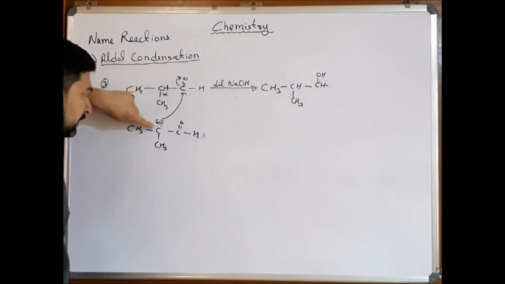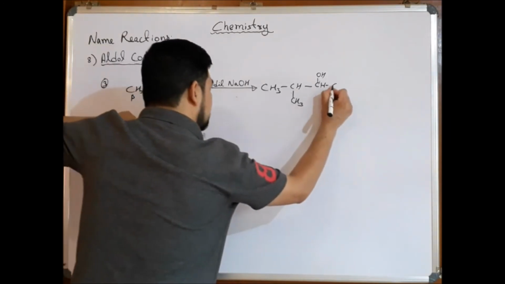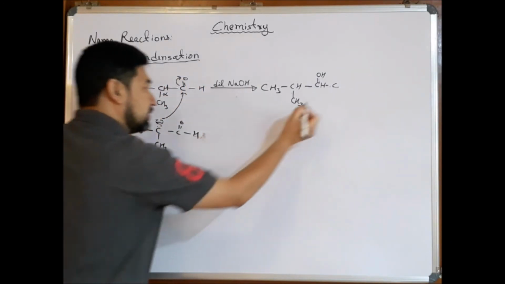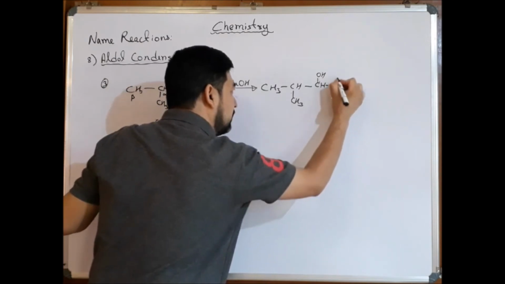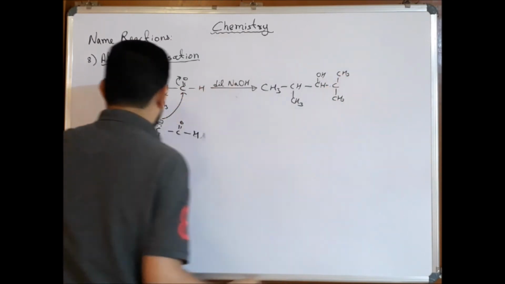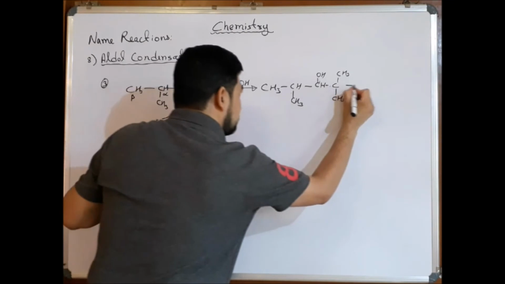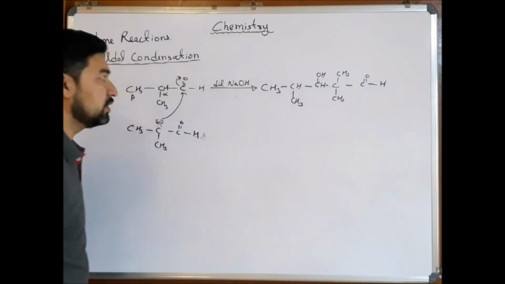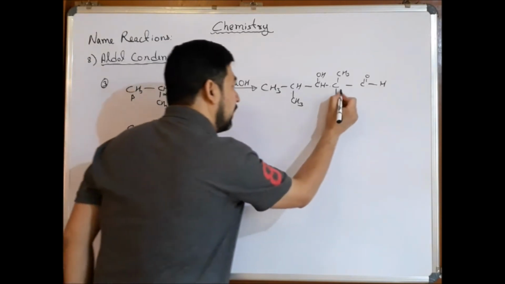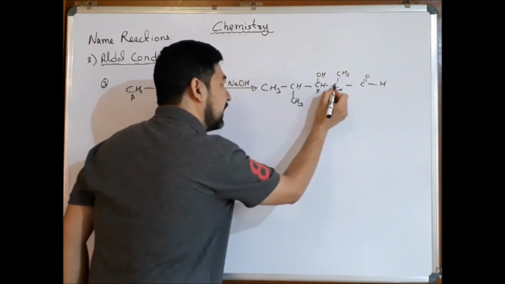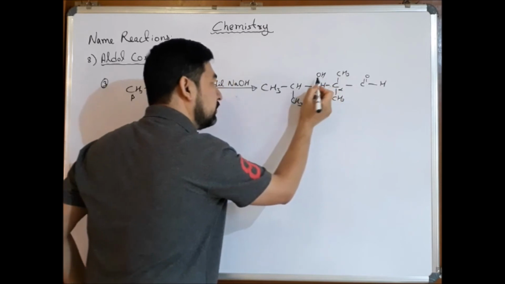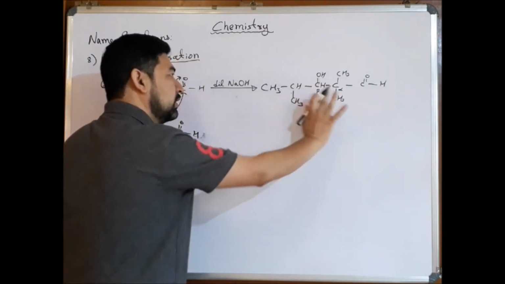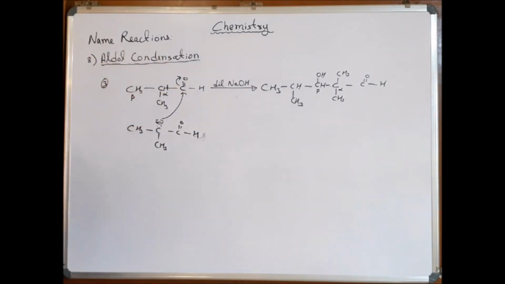So C, then another C with CH3, so I'll put one CH3 here and another CH3 here. Then C double bond O H. It does not go further because it does not have an alpha hydrogen, so water cannot be eliminated in this case. OH is here, H is not there, so it will remain here only in this case.